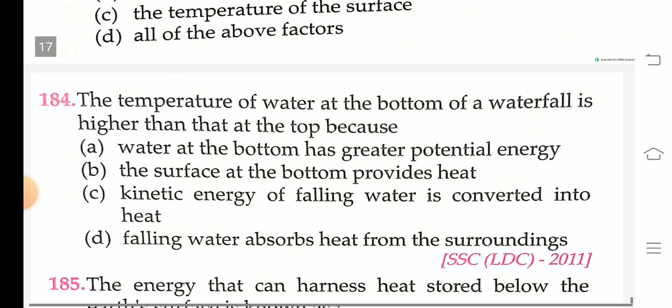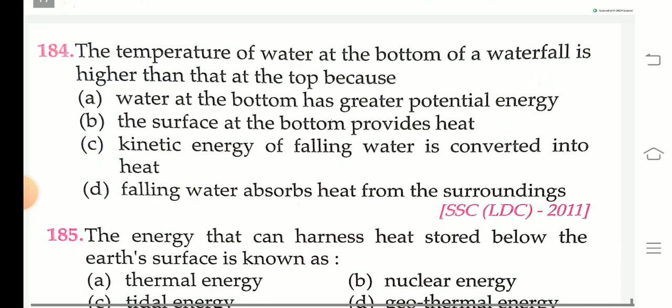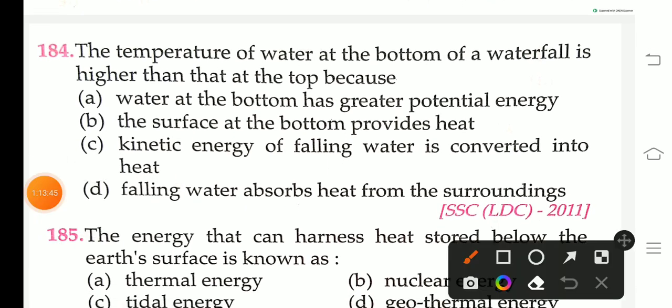Next, the temperature of water at the bottom of a waterfall is higher than that at the top because, right answer will be option C, kinetic energy of falling water is converted into heat.